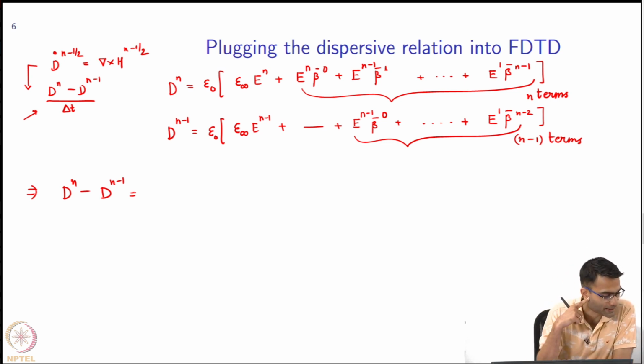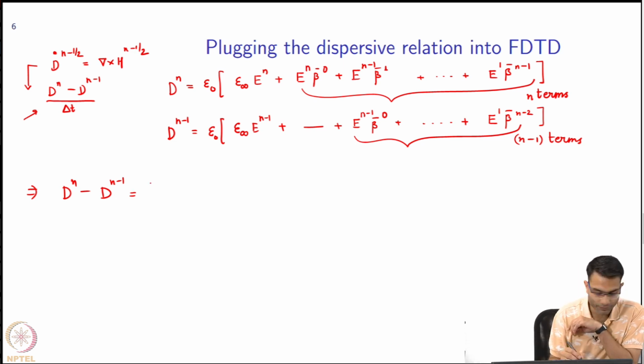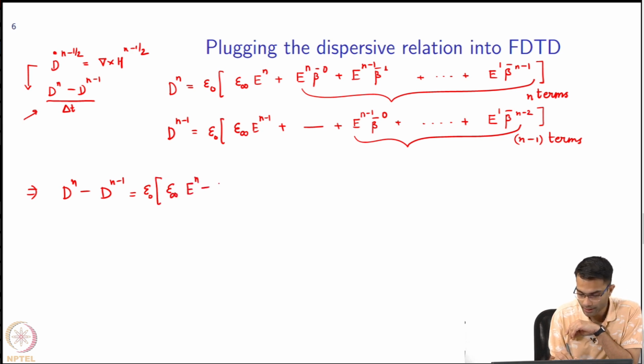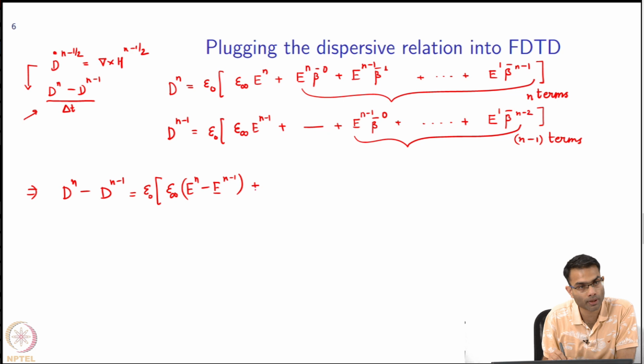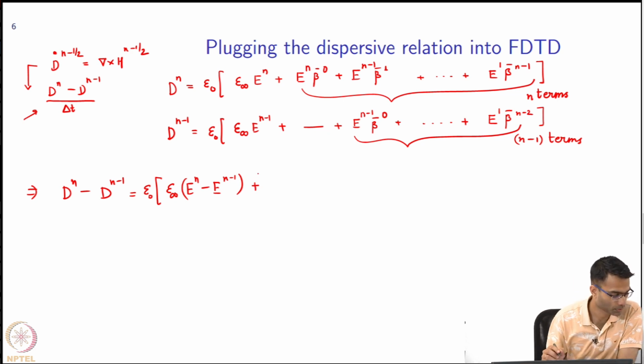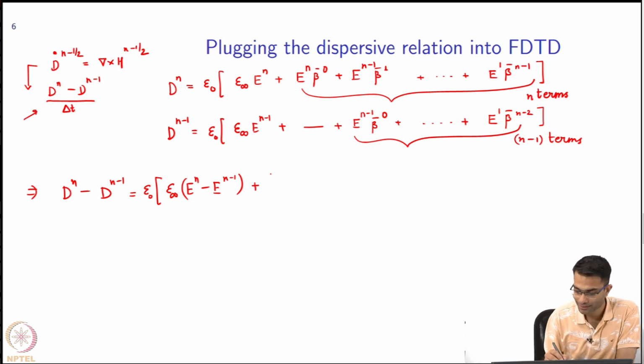So let's deal with these epsilon infinity terms first and then get to the summation. There is epsilon infinity E n minus 1, no contest about that. Then there is one term who has no one to be with, so we will just write him as E n beta bar 0.